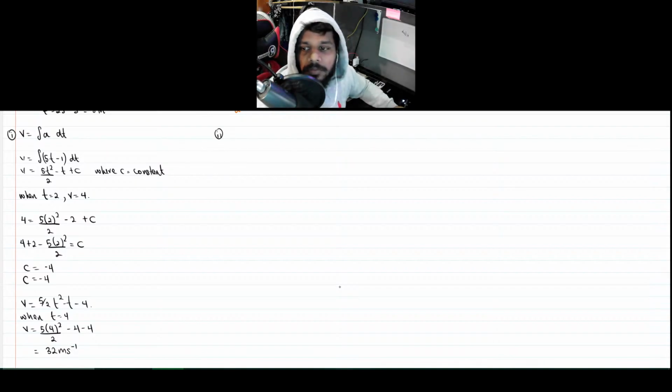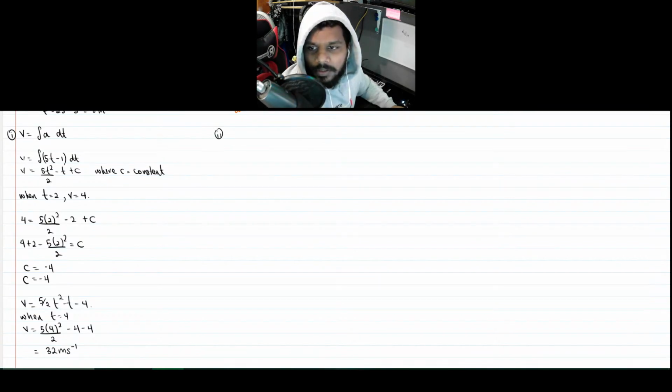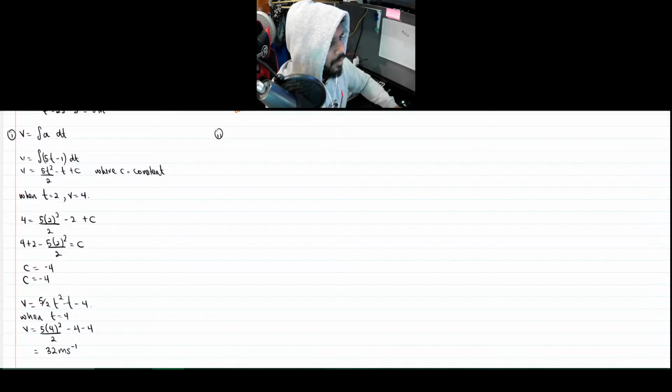Part 2. Its displacement from O when t is equal to 3. O is a fixed point. Alright then. So S is the integral of v with respect to t.